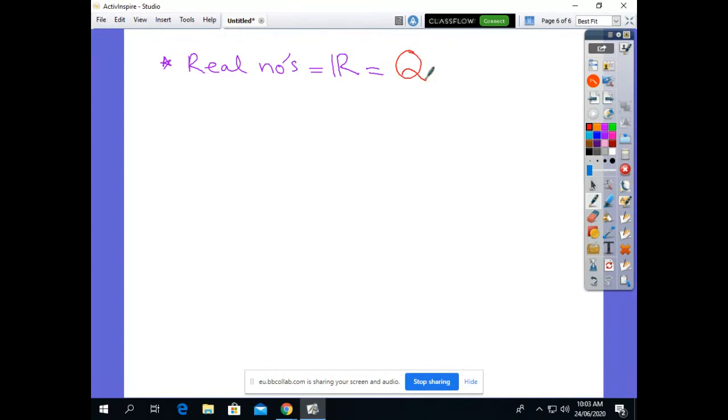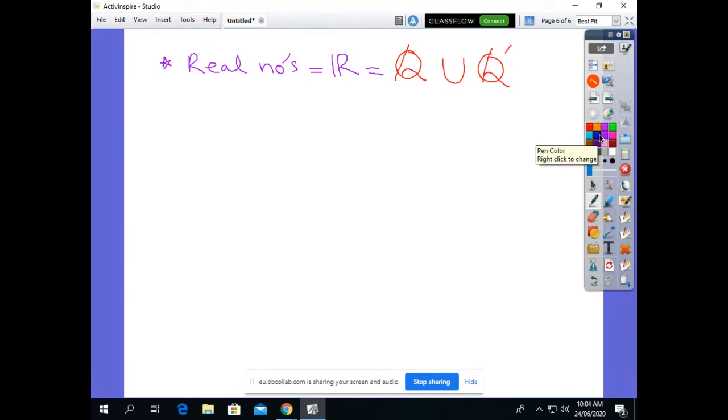We denote the rational numbers by Q and the irrational numbers by Q bar. If we take the union of both, meaning we combine rational and irrational numbers, it becomes the set of real numbers.